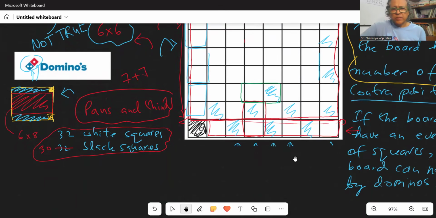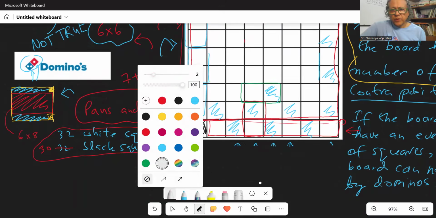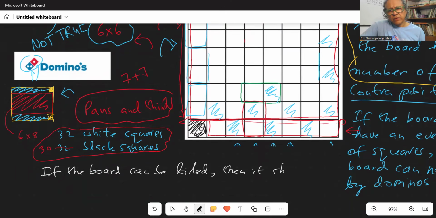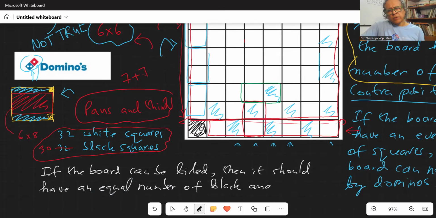So let me write that statement. So if the board can be tiled, then it should have an equal number of black and white squares, right?